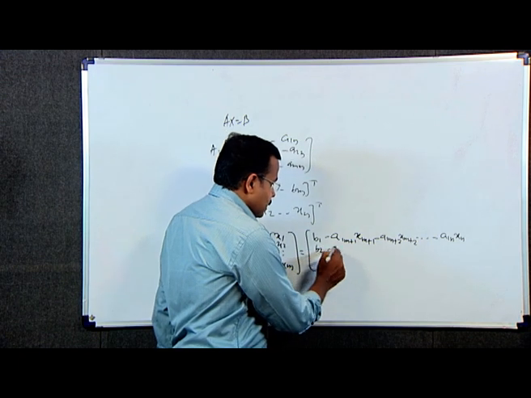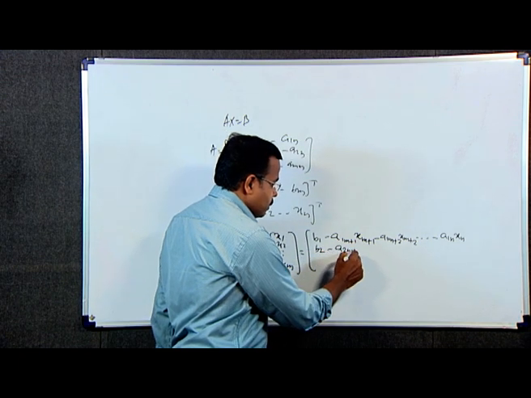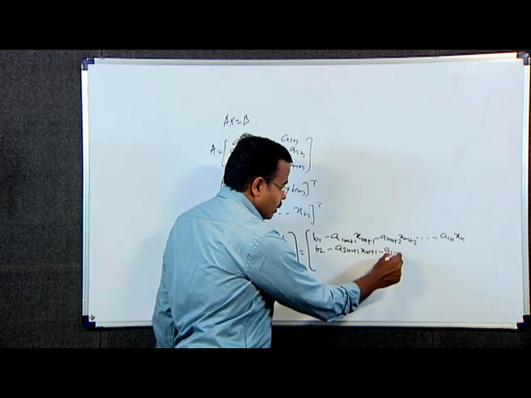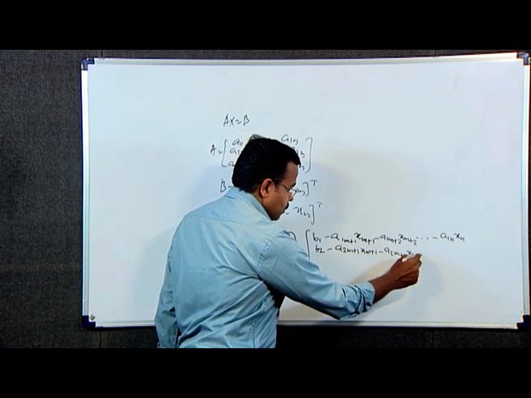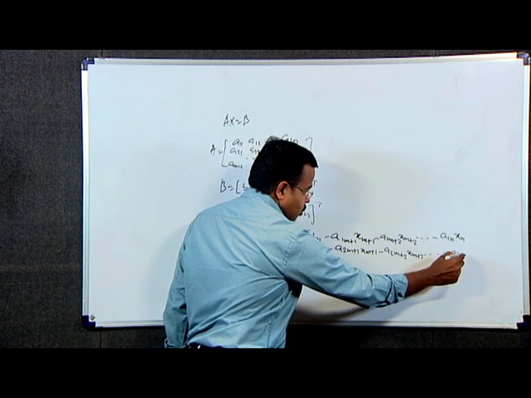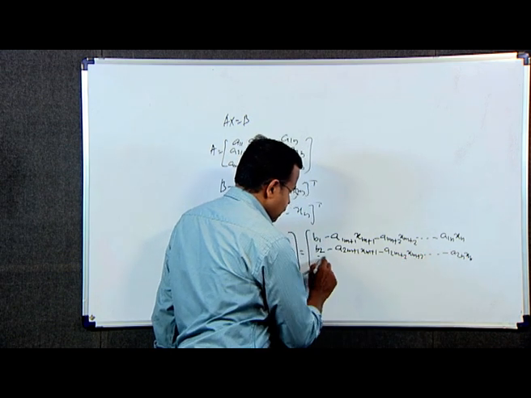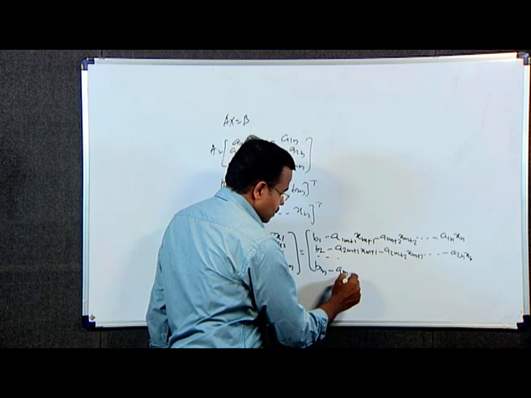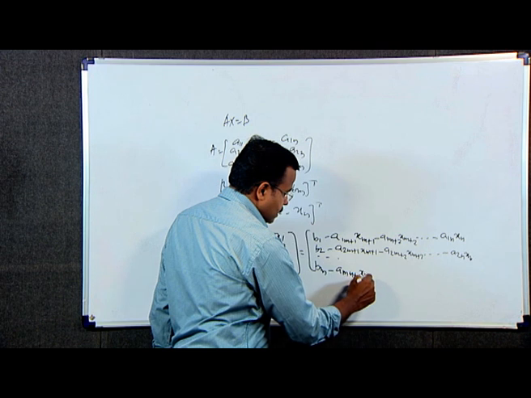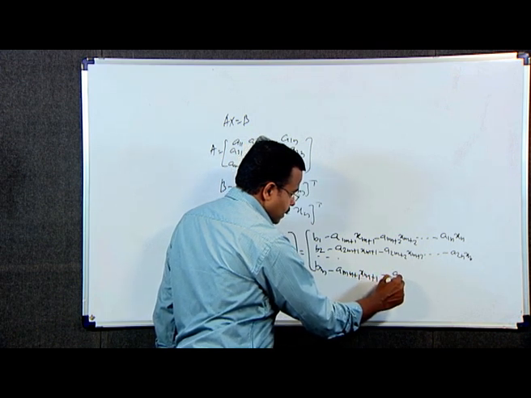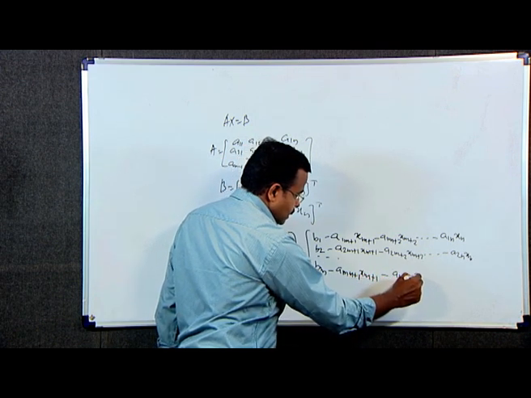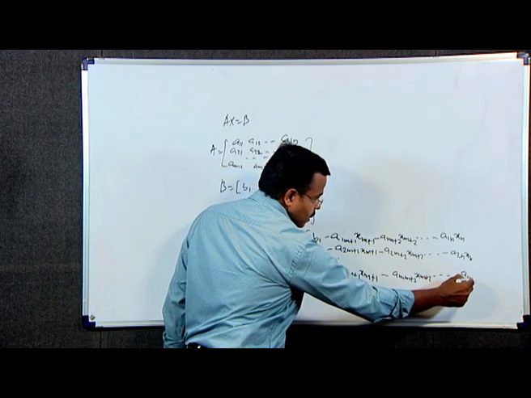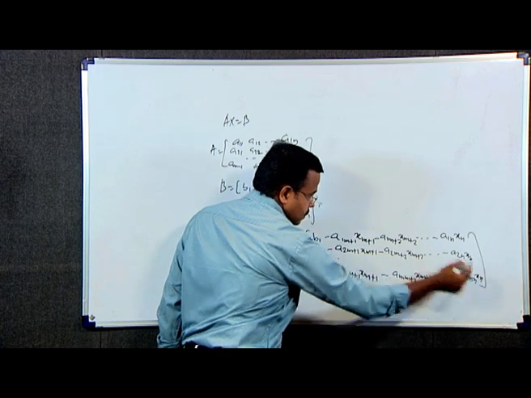Next, b2 minus a2 m+1 x m+1 minus a2 m+2 x m+2, etc., minus a2n xn. Finally, bm minus am m+1 x m+1 minus am m+2 x m+2, etc., minus amn xn.